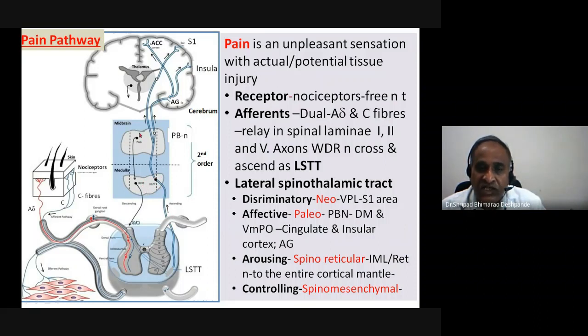These two give descending inputs to the lamina 5 or lamina 2 neurons for controlling how the pain sensation is transmitted. So the controlling system is the spinomesencephalic, which activates the descending inputs. They come back, and this is the descending input. They will either allow or disallow the movement.